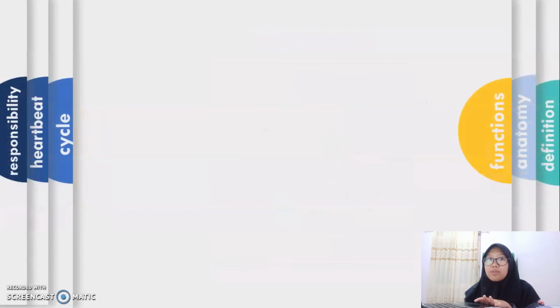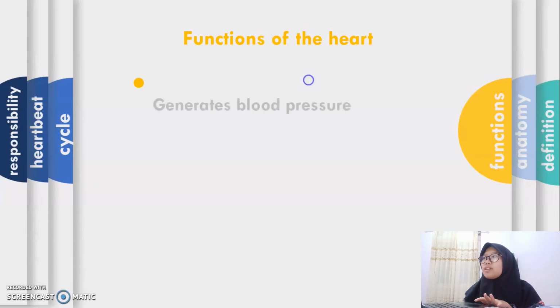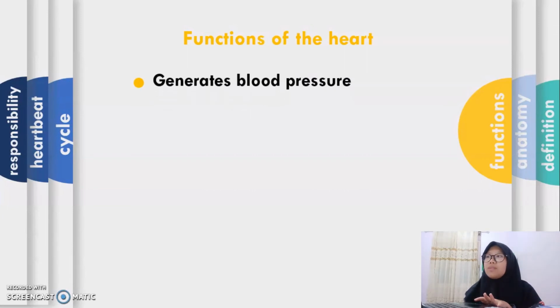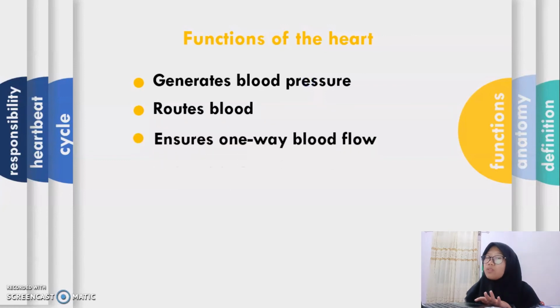Next is function. Function of the heart. First is to generate blood pressure. The second is to route blood. The third is to ensure one-way blood flow. Heart valves ensure one-way flow.